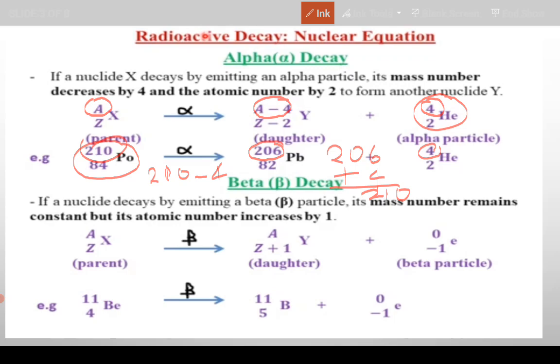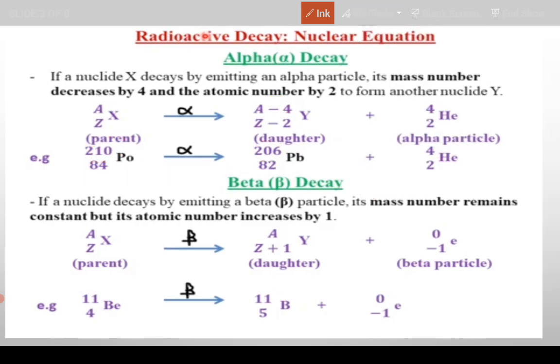In the same way, the atomic number is also going to decrease by 2. So we have 84 subtract 2. You have 82 there. Don't forget to show this 2 which has been subtracted on the helium nuclide there.